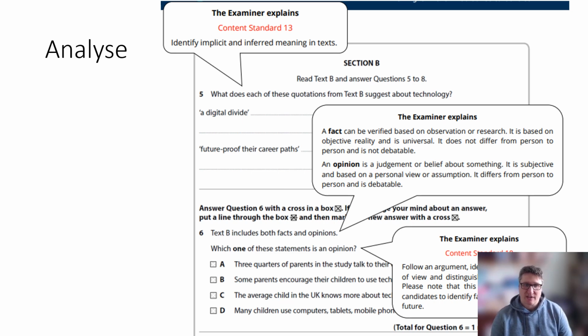It's not asking you to tell us whether you agree with this fact or whether you like this fact. It's asking you whether it is a fact. That is, is it something that can be backed up by evidence, or is it just someone's random idea?